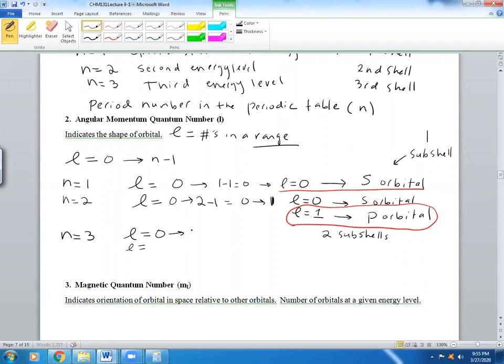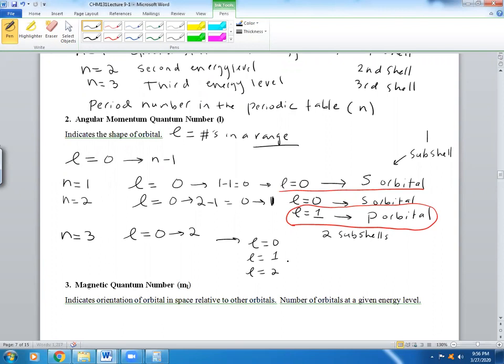Here I'll write the range, 0 to 2. L is 0, L is 1, and L is 2.